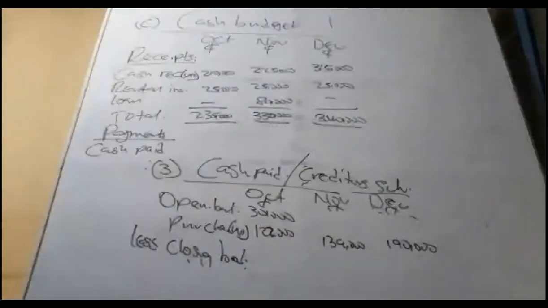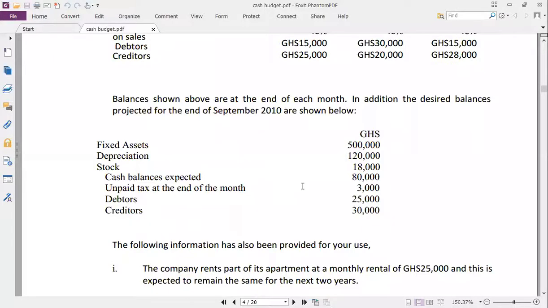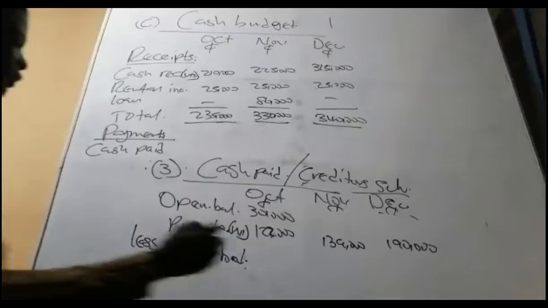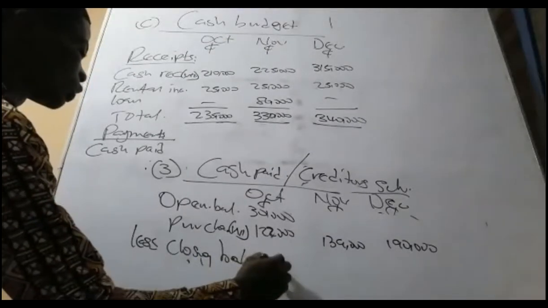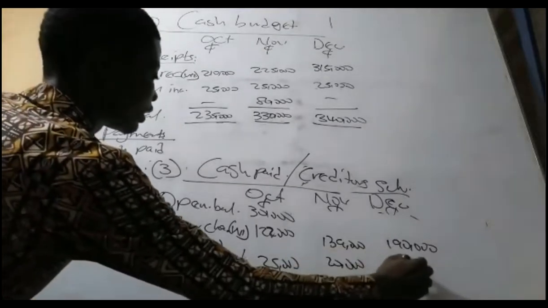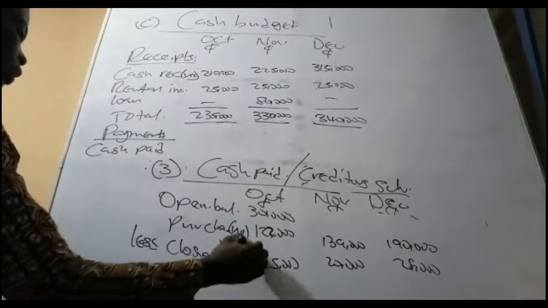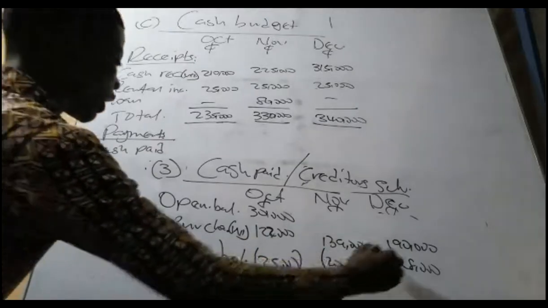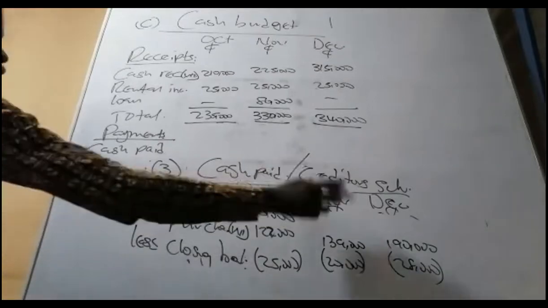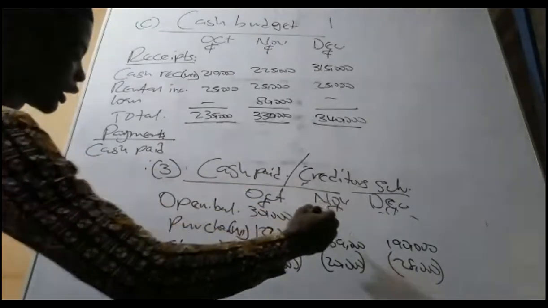And let's go and bring the closing balances for the creditors. That one is in the upper section. So 25, 20, 28. Can we put the closing balance in brackets? It's closing here. It will be open next year or next period.